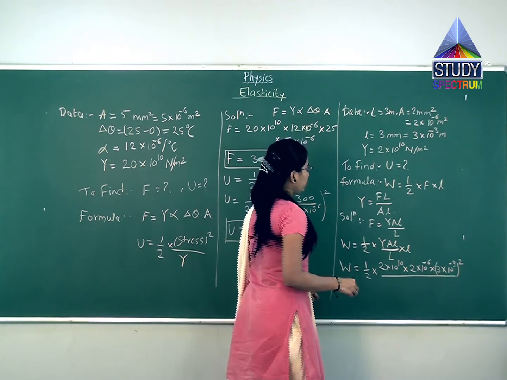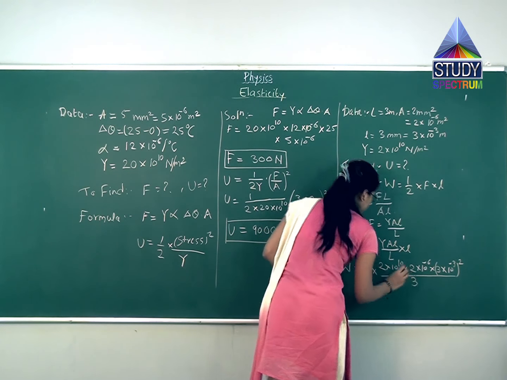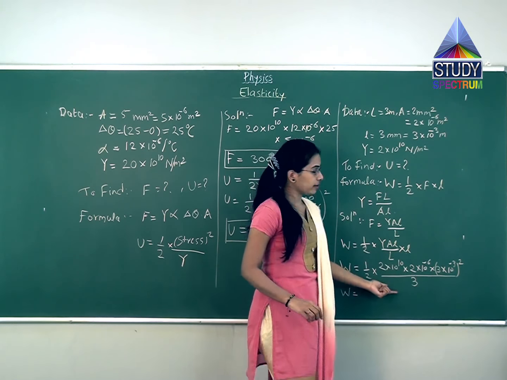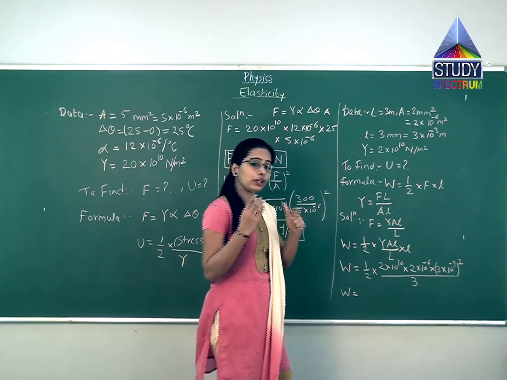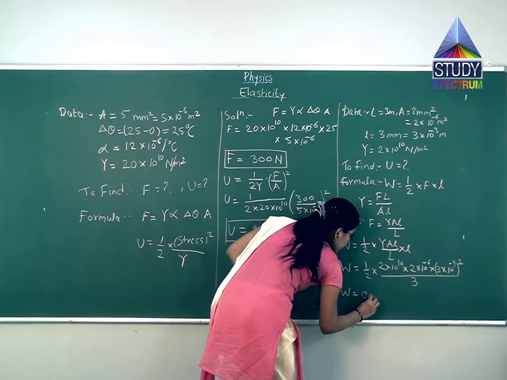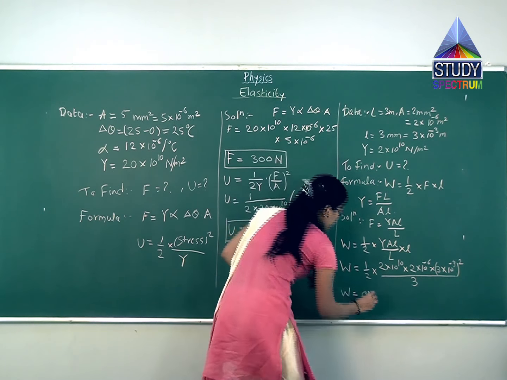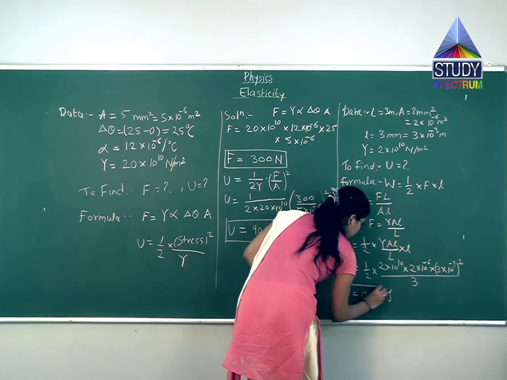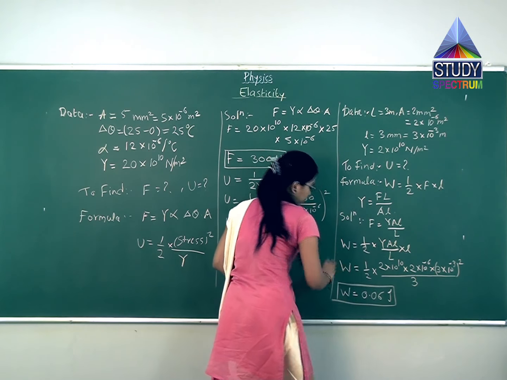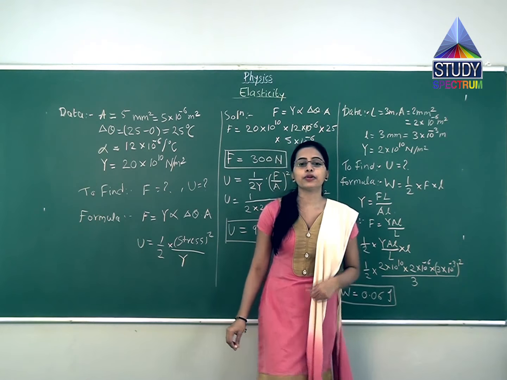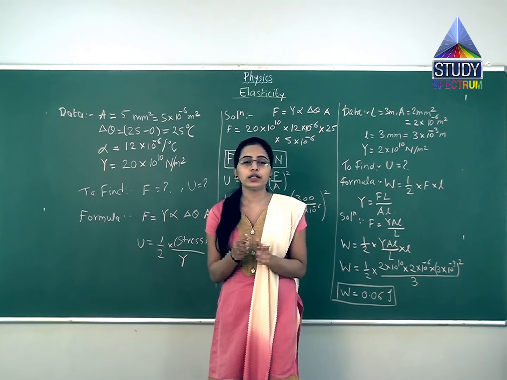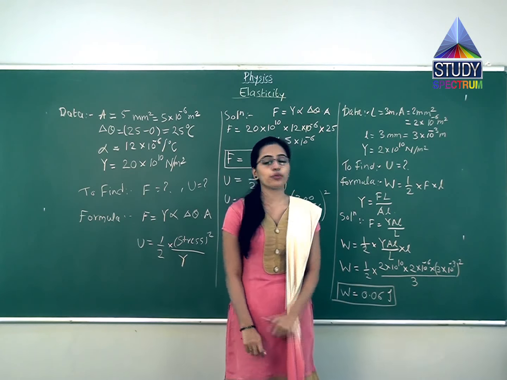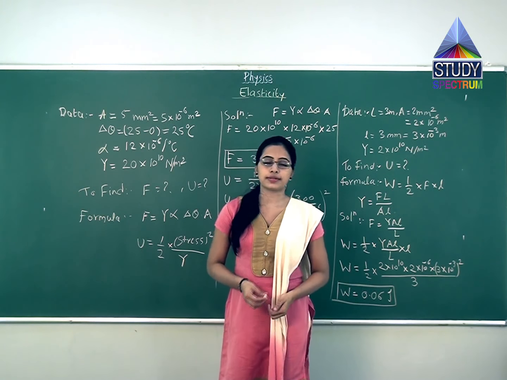It is in meter only. So you will carry on the calculation, and you will get W as 0.06 joules. So lastly you can write: work stored in the form of energy in the wire is equal to 0.06 joules.